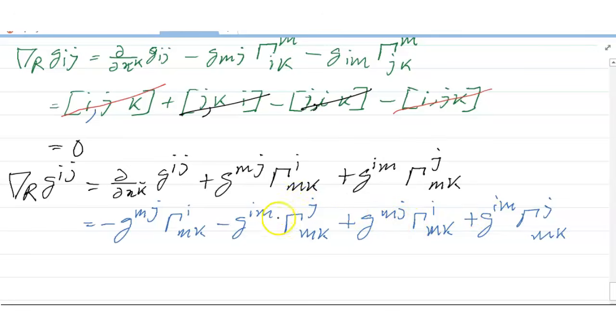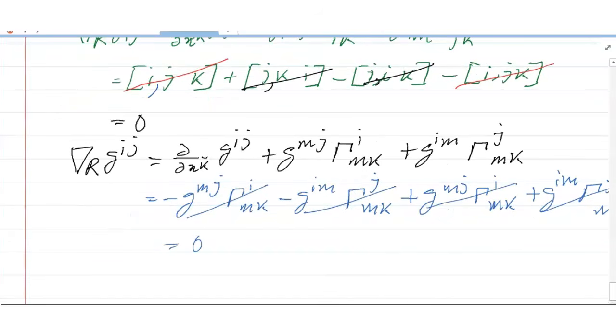So friends, you will see that this portion and this portion are cut, and this portion and this portion are cut, after that 0. So you see that all the portions are 0. Similarly, we can see that del_r delta^i_j is also 0. Now we discuss the Ricci tensor in the mathematical view.